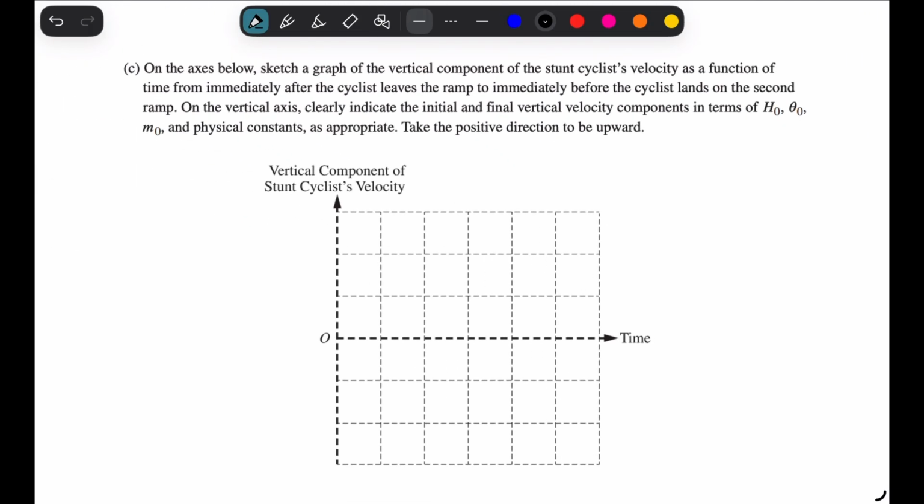Now, on the axes, sketch a graph of the vertical component of the stunt cyclist's velocity as a function of time immediately after the cyclist leaves the ramp to immediately before the cyclist lands on the second ramp. On the vertical axes, clearly indicate the final and initial vertical velocity components in terms of physical constants. We're going to take the positive direction to be upwards.